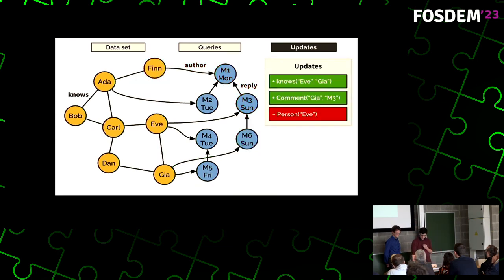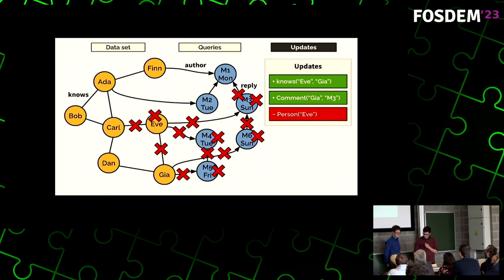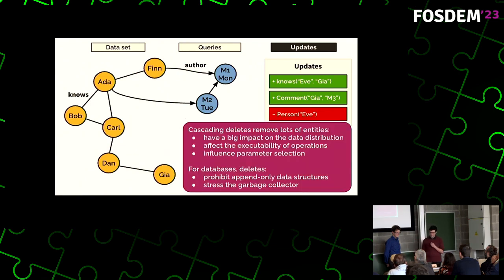And here you can see that each operation is dependent on each other, forming a whole chain in the social network. Suppose now that Eve wants to leave the social network and removes her account. So we start with deleting the node Eve, and this will trigger a cascading effect, since we then need to remove the edges connected to Eve, the messages posted, and also the replies to those messages. And we can see there's this huge cascading effect, and that can have a large impact on the data distribution, and also therefore the executability of these operations.